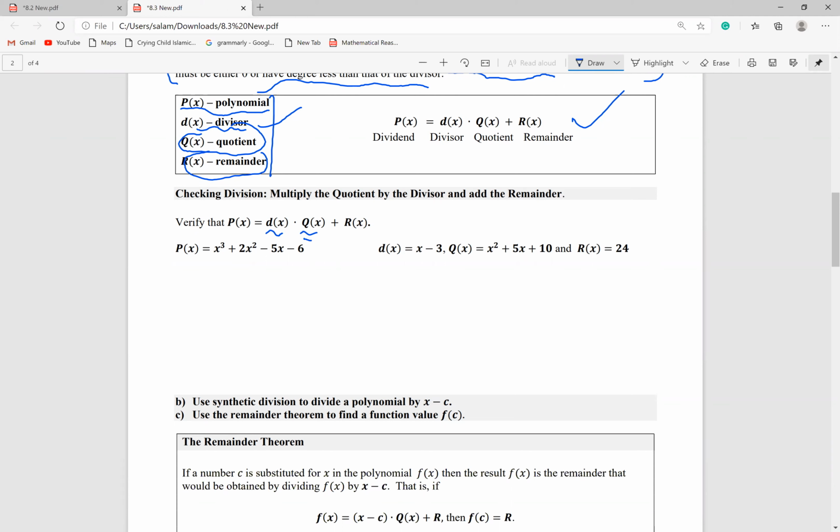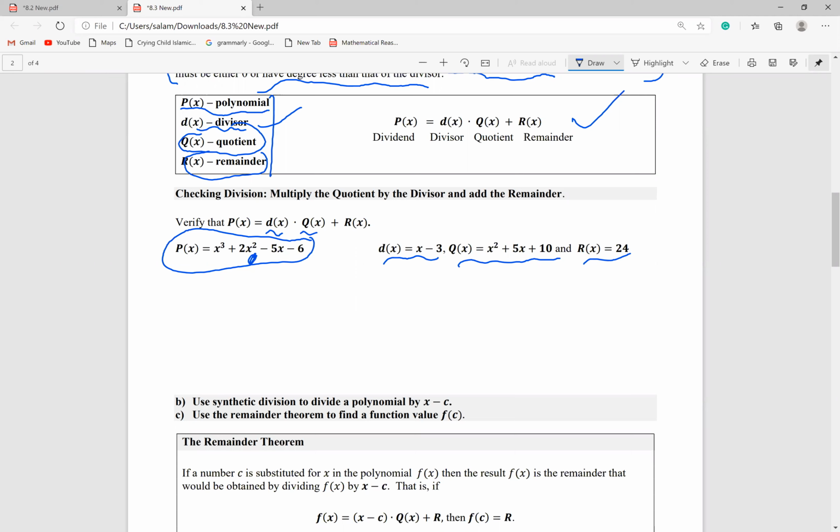Now this is our p of x, x cubed plus 2x squared minus 5x minus 6. We have our d of x to be x minus 3, our q of x to be x squared plus 5x plus 10, and our r of x to be 204. So we want to confirm that d of x multiplied by q of x plus r of x will give us this.